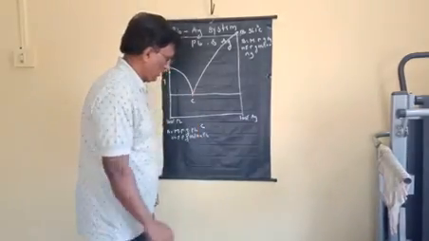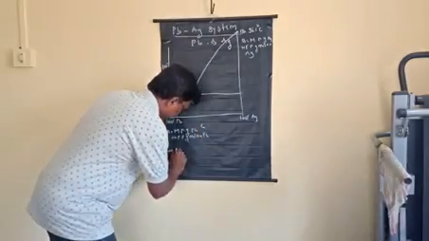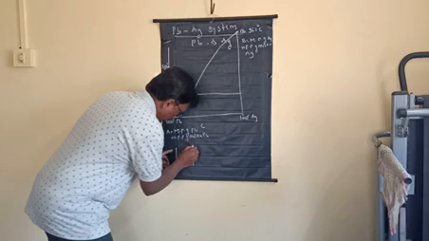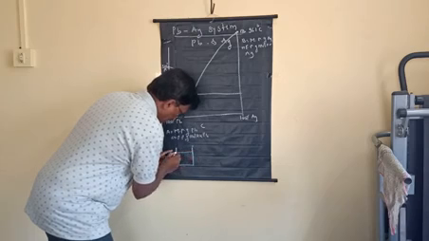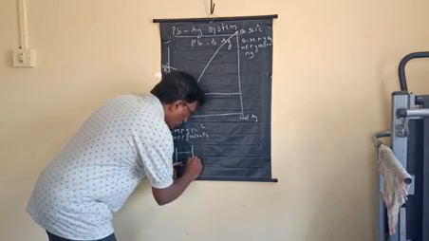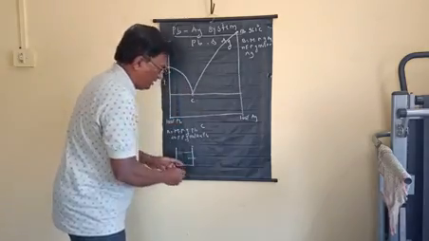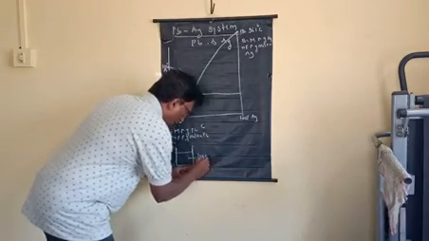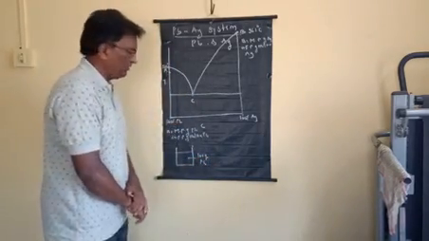Now, as we saw in a general simple eutectic system, suppose we have 100% Pb here, say 100 gram of Pb in this particular vessel.